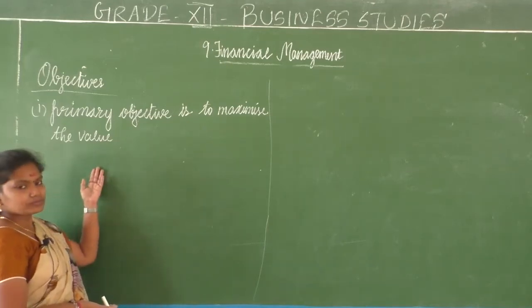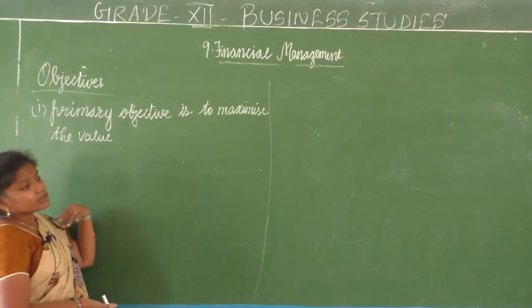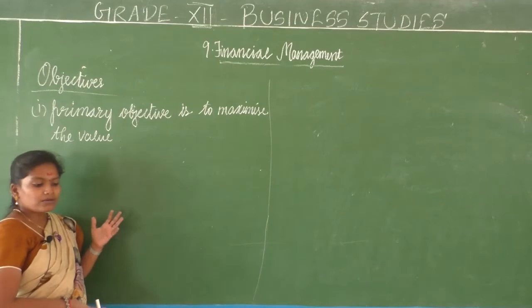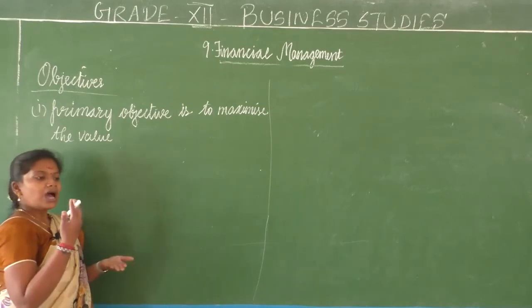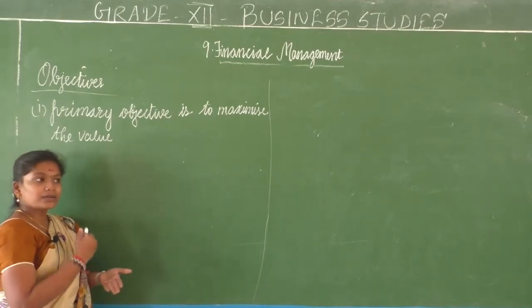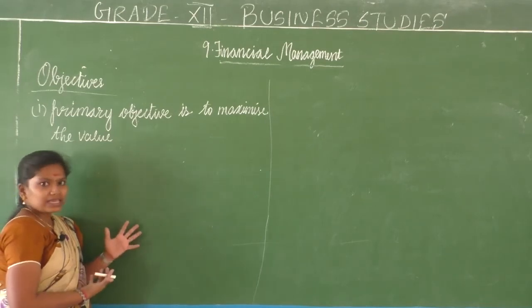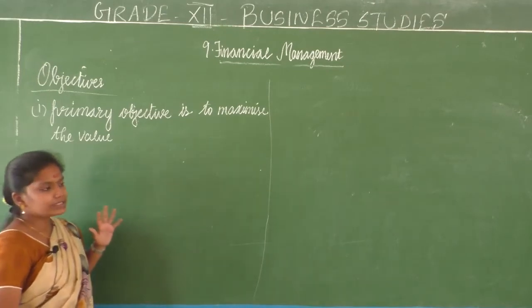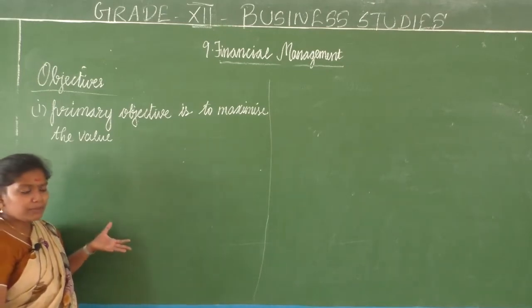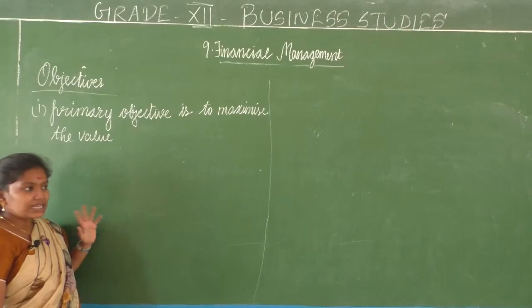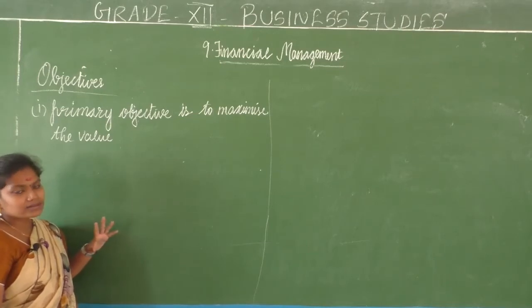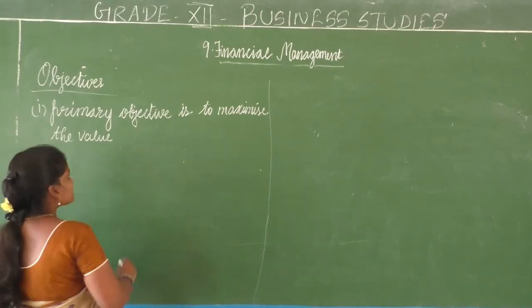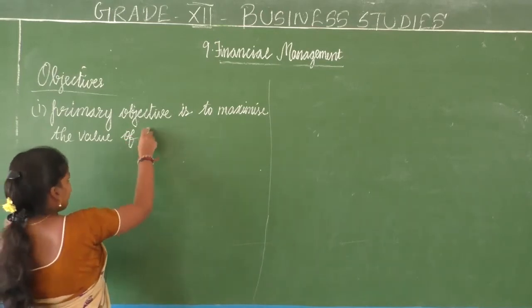Similarly, when the value of the company is highly appreciated, people like the company, which means they do not think twice about investing in it, let it be in the form of shares or buying the particular product. என்னவா இருந்தாலும் they need what? The value.